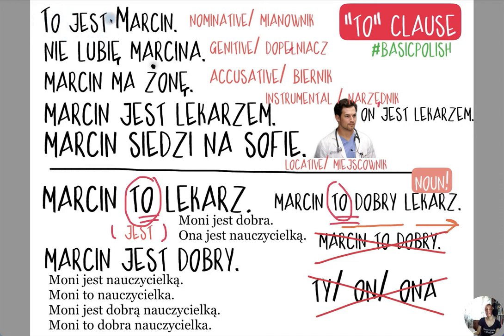And I need to talk about this because this to that you see here, it's not the to I'm going to talk about in a second, okay? So to jest, these are two words that will be appearing together very often. To jest, to są, right?